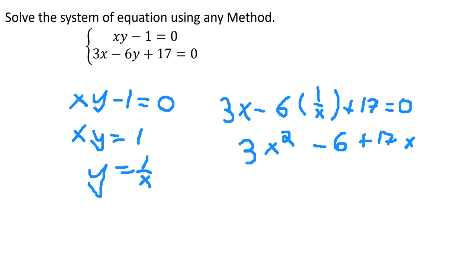Okay, so maybe for some of us, this is a lot nicer. We're using the quadratic with the variable x. Again, I can rearrange it so it looks like my standard form, which would be 3x squared plus 17x minus 6 is equal to 0.